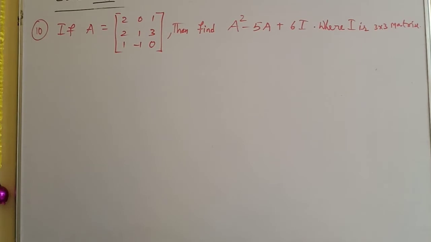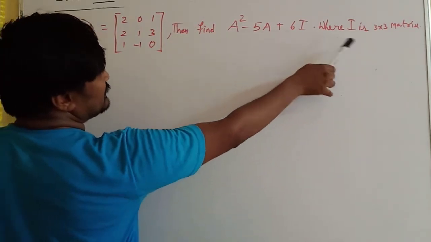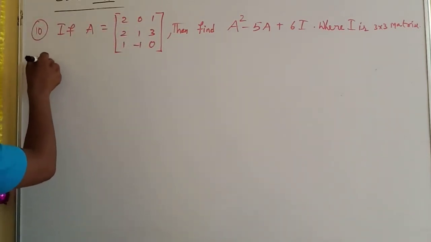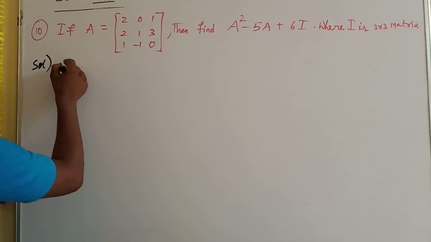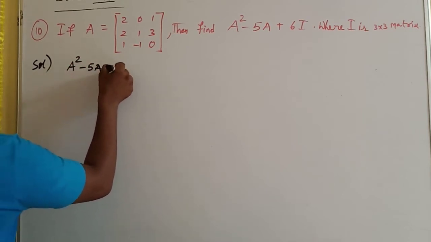Alright, let's move on to the 10th problem. A is given and find A square minus 5A plus 6I, where I is a 3 by 3 matrix. Again a simple question. So first, given one, right, A square minus 5A plus 6I.